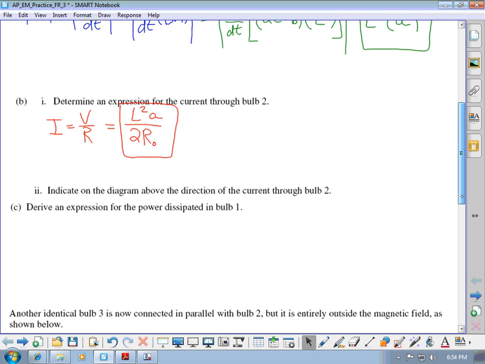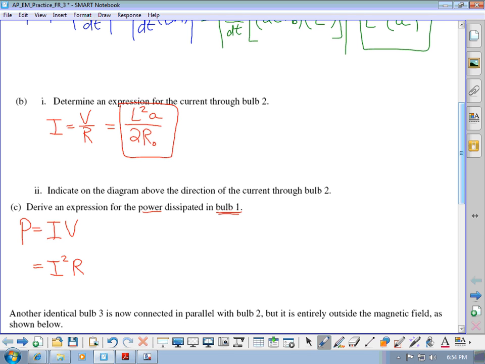Okay, derive an expression for the power dissipated in bulb 1. It's specifically looking for the power in just bulb 1. So power is either current times voltage, or current squared times the resistance, or voltage squared over the resistance.